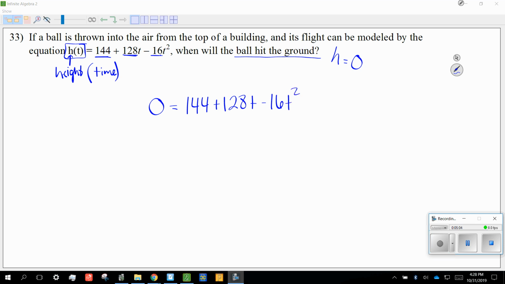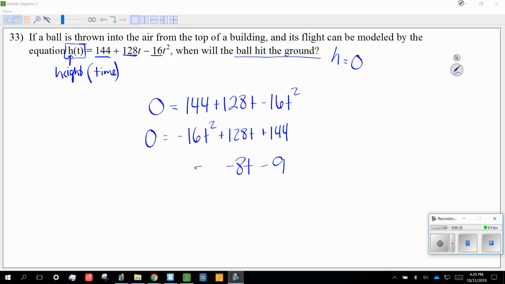We've done this before where we noticed that the leading coefficient isn't 1, so we divide it out to simplify our lives a little bit. Let's see if we can divide all those terms by negative 16. So 128 divided by negative 16 is negative 8t, and 144 divided by negative 16 is negative 9.